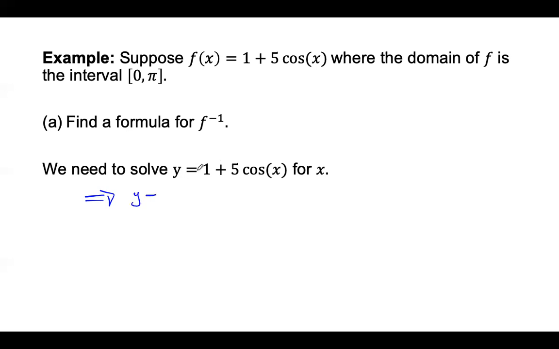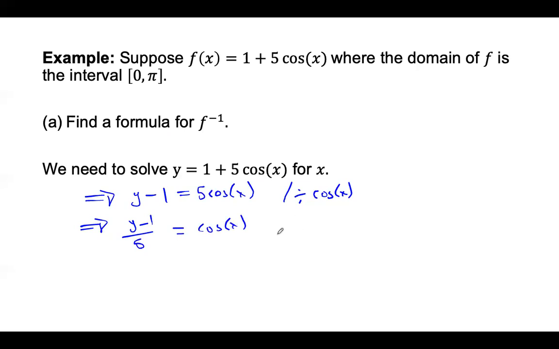So y minus 1 is now equal to 5 cos of x. And then we divide by 5. So this implies y minus 1 divided by 5 is equal to cos of x. Okay, so we're trying to solve for x, so we want to apply cos inverse to both sides.